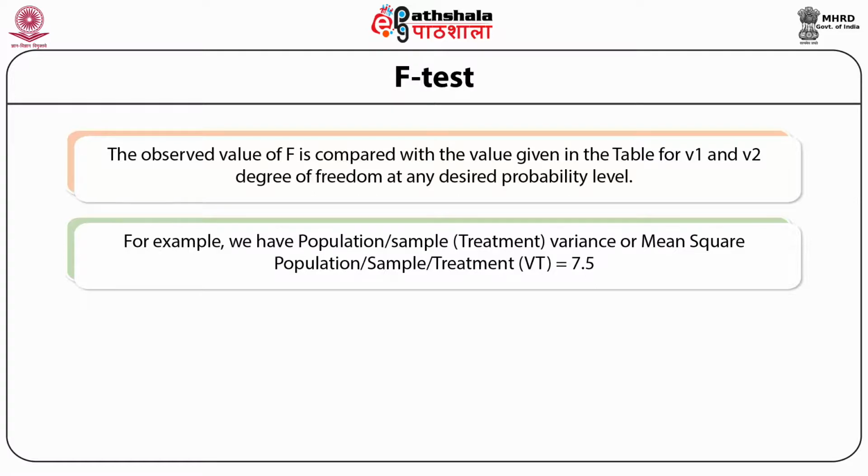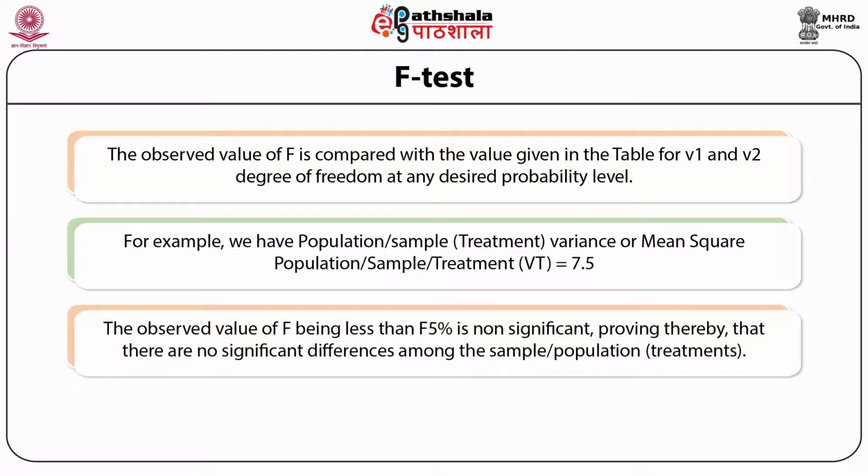The degrees of freedom V1 is equal to 4 and V2 is equal to 8. Now the value of F at 5% level of significance for V1 equal to 4 and V2 equal to 8 is 3.84. This is known as the critical value or the F table value.